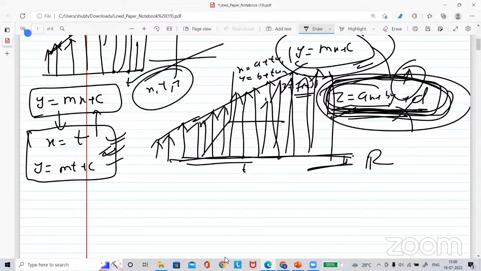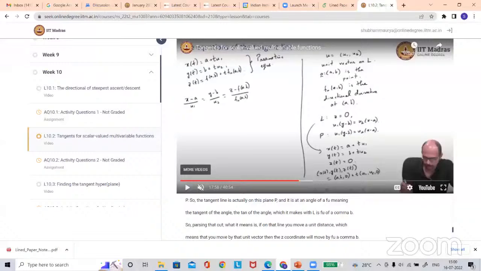Now let's go back to the question. In this theory, sir is telling about a tangent line. So what is the equation of a tangent line?